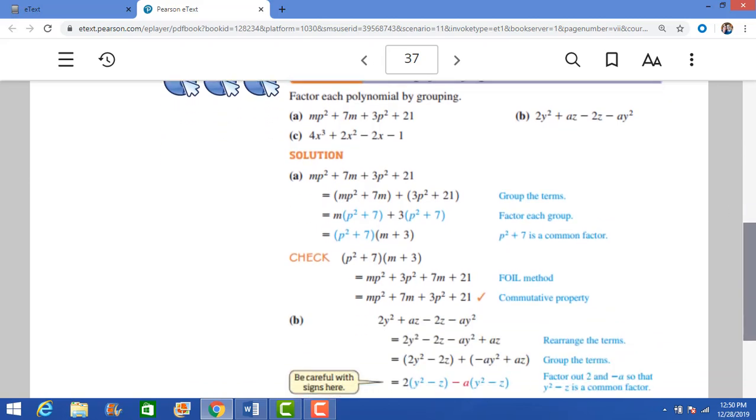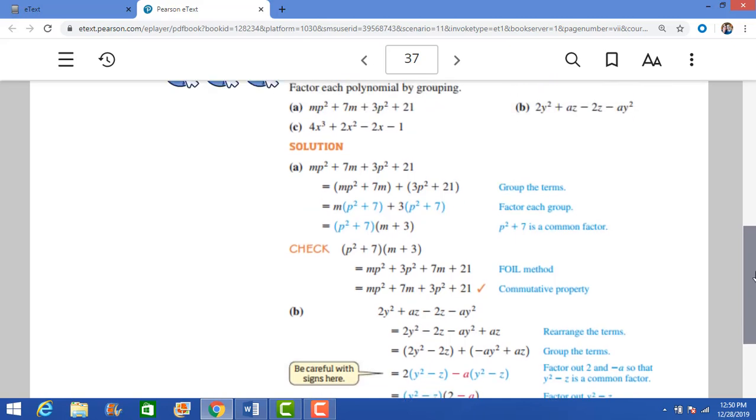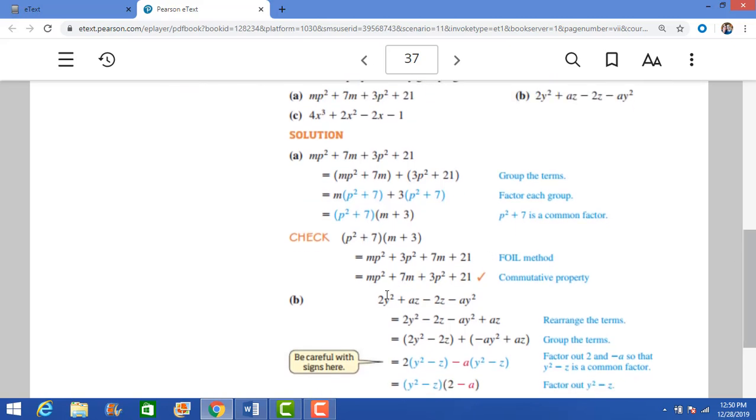Okay, now for this one here, they're going to match up the 2's together and the a's together, the ones with the a's. So again, this is going to have a common factor of 2. And these are going to have a common factor of a. Or in this case, they're going to factor out a negative a.